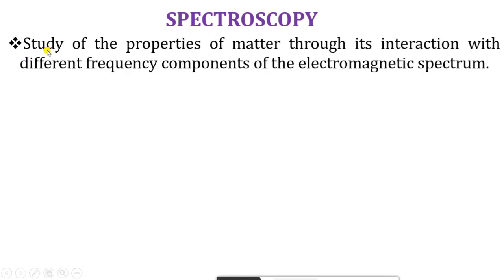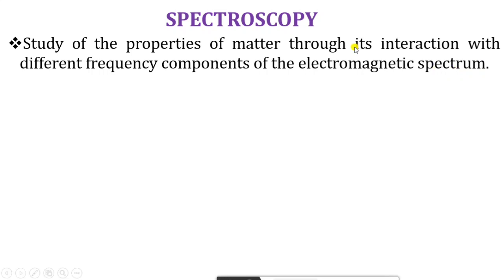So next comes spectroscopy. Spectroscopy is the study of the properties of matter through its interaction with different frequency components of the electromagnetic spectrum. That means if you take a matter and study how that matter is interacting with the electromagnetic radiation.